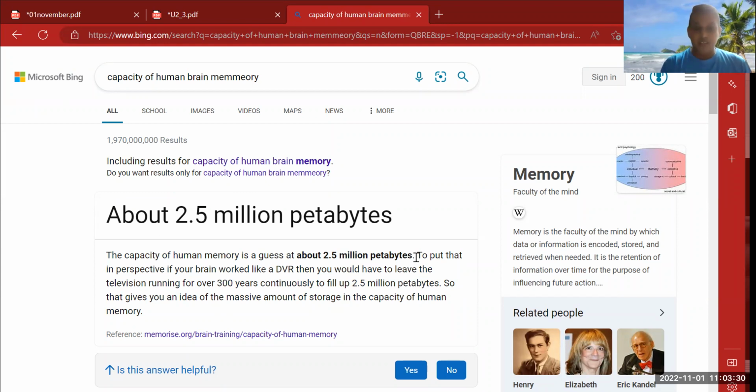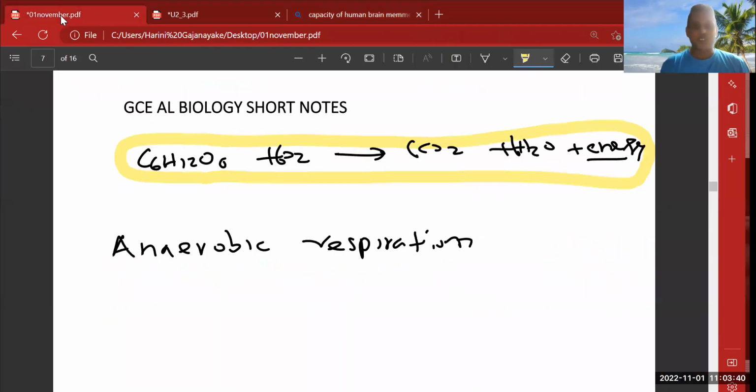So we can run a DVD 300 years continuously, that much data we can store. So it's good news. We have so much capacity. We can use that capacity. Initially it seems very complicated, but it is not that complicated.